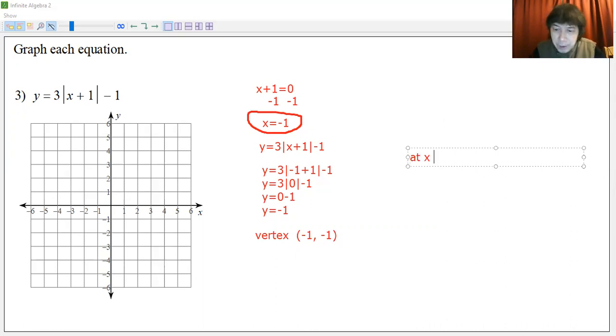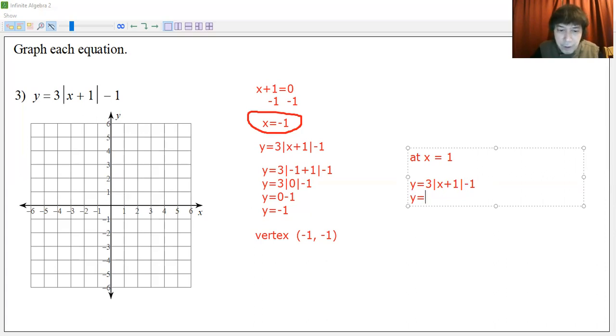At x equal to +1, what should be y? We go back to our equation: y is equal to 3 times the absolute value of x plus 1, minus 1, and we shall compute using x equal to +1.